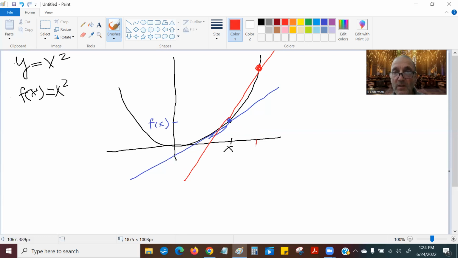Now I'm going to call this distance here h. And therefore, this x value here is x plus h, which means this here is f of x plus h.